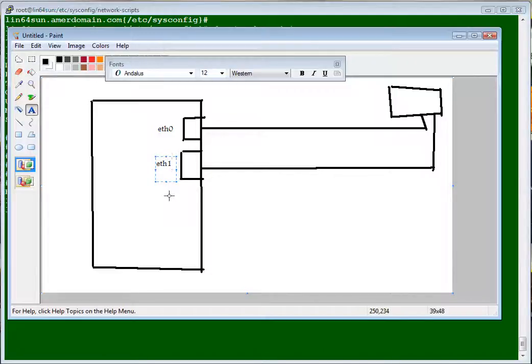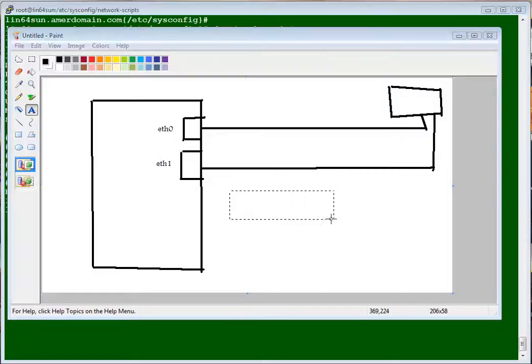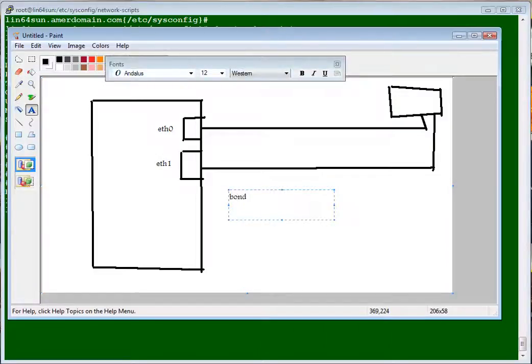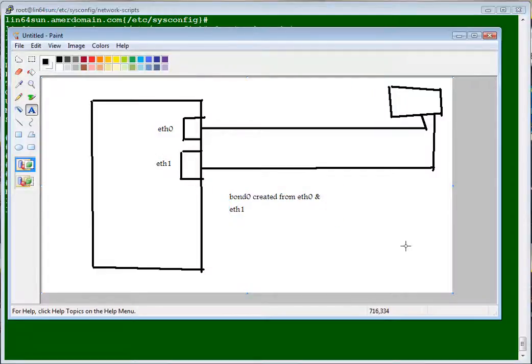Okay, another NIC. What I'm going to do here is create a bond of two cards, and I'm calling it bond 0. It is created from Ethernet 0 and Ethernet 1.